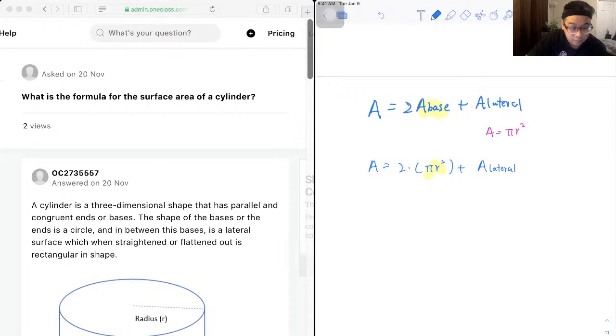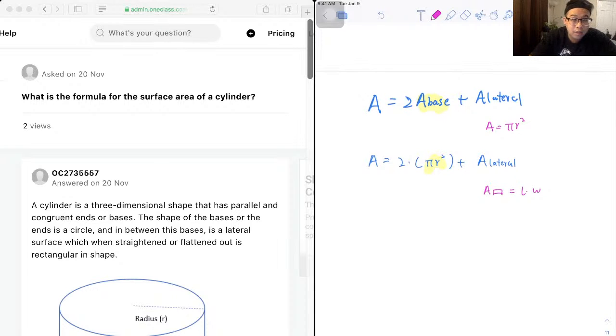And then we need to deal with the lateral surface part. If the lateral surface is flattened out, it will be rectangular in shape. Hence, we just need to use the formula for the area of a rectangle, which is just equal to length times width. And in our case, the width of the rectangle is equal to the height of the cylinder.